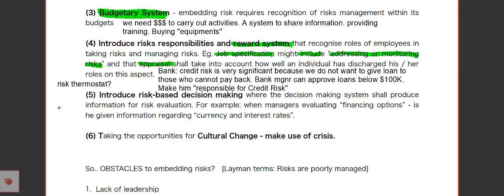Okay. Number 6, cultural change can also come as a result of crisis. Look at, for example, this pandemic, the best situation for all of us to really appreciate it. A lot of people will always say no. They will always say it can't be done, it cannot be possible. For example, we tell bosses that staff can work from home.